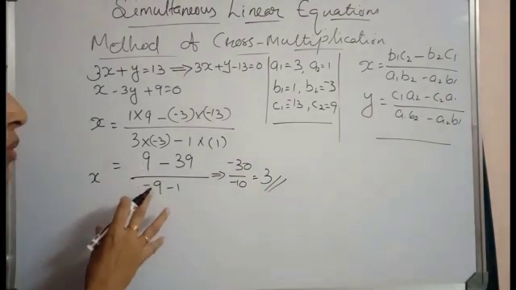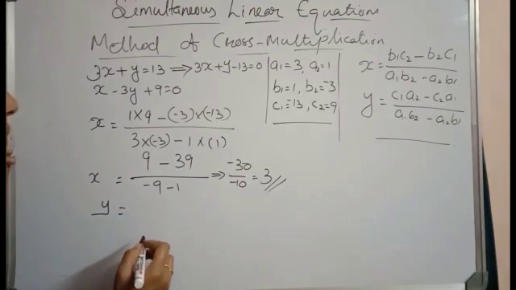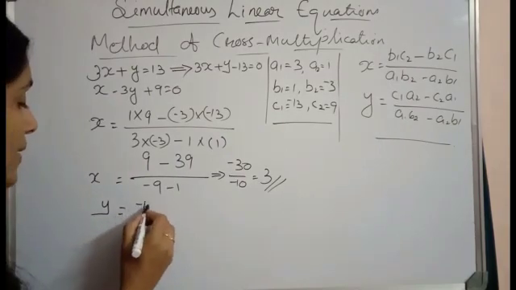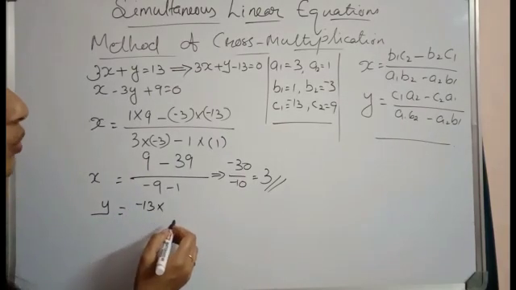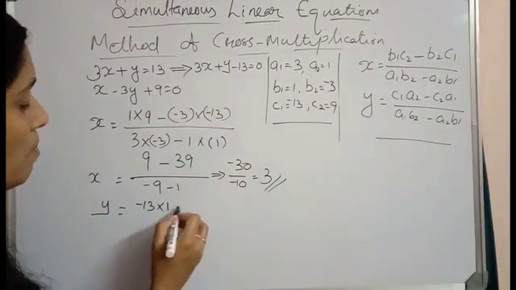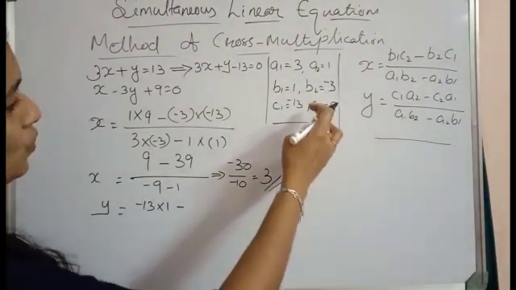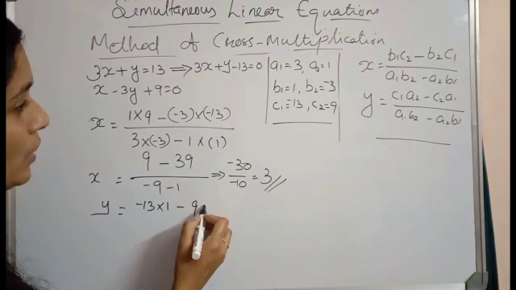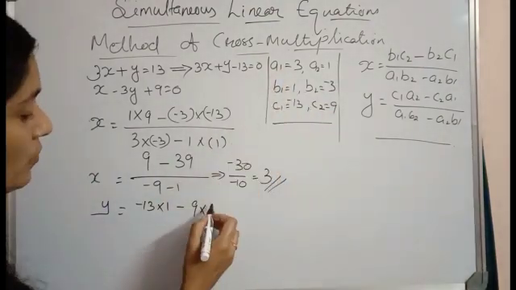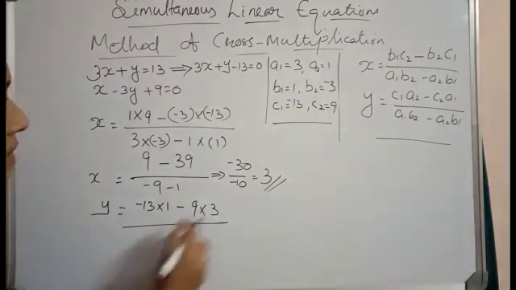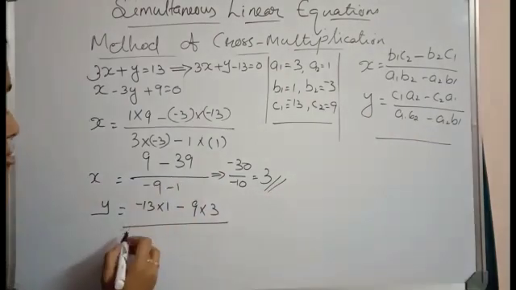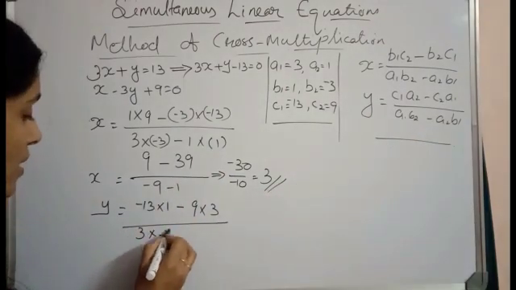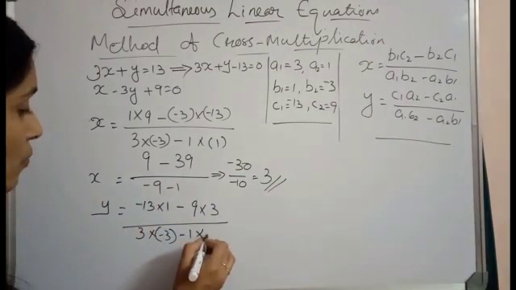Same way, let's substitute the values. y is equal to c1, c1 is minus 13 into a2. What is a2? a2 is 1, minus c2. What is c2? 9 into a1. What is a1? 3, divided by a1b2 minus a2b1. That is 3 into minus 3 minus 1 into 1.